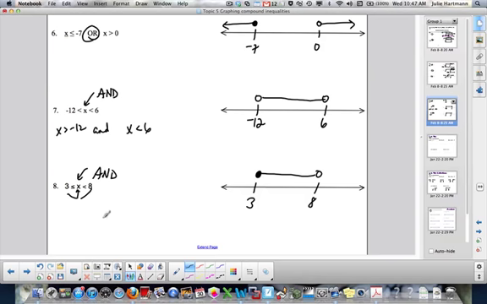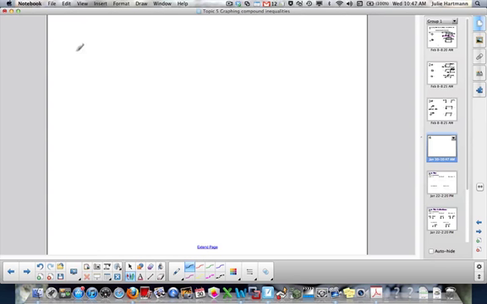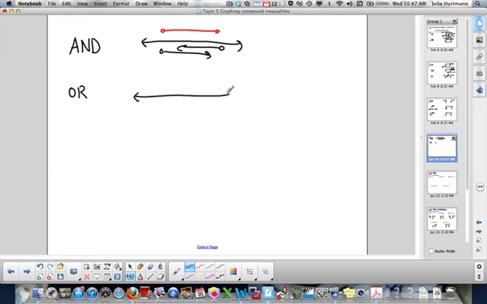Okay, so I'm going to add one more slide and tell you a couple things that I want you to make sure you keep straight. When it's an and statement, if you have two things going toward each other, it is just what is in between. Where if you have or and you are going towards each other, that is all real numbers.